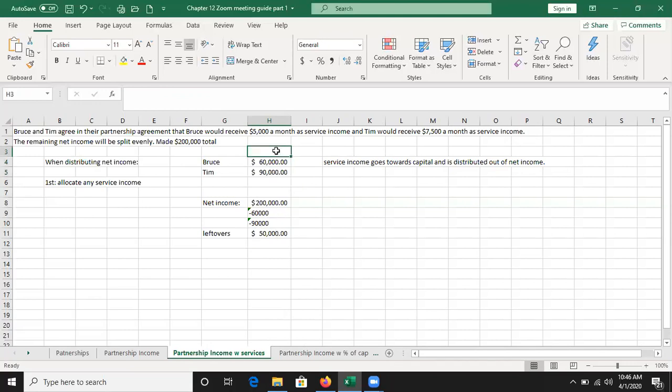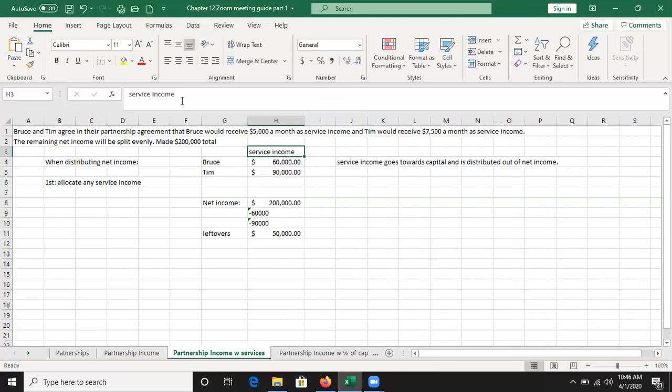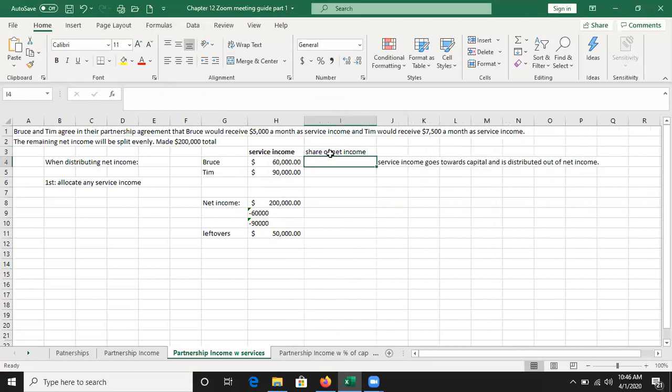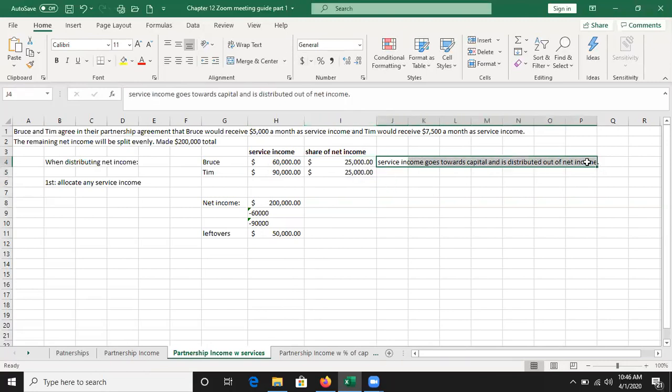So I'm actually going to make a chart. Service income. So that's what each is getting out of service income. And then share of net income. So this column will be the remaining net income. What are they going to receive? So Bruce will receive 25,000 and Tim will receive 25,000. So I'm going to move this down here.